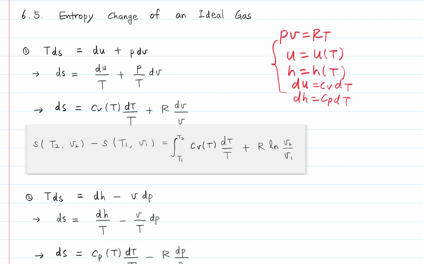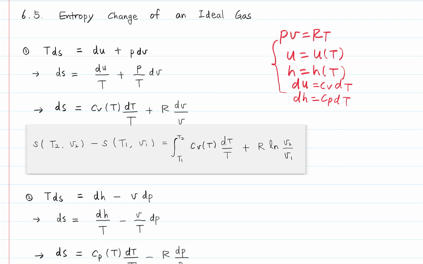And we're going to apply the TdS equations for an ideal gas. TdS equals du plus PdV. So divide the equation by the absolute temperature. So ds equals du over T plus P over T dV.